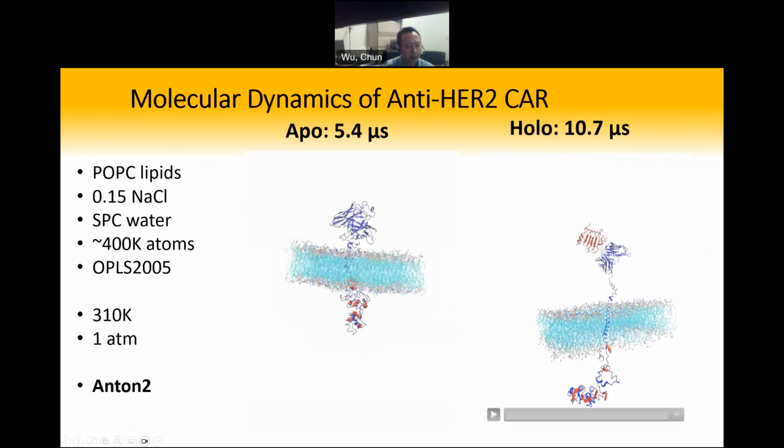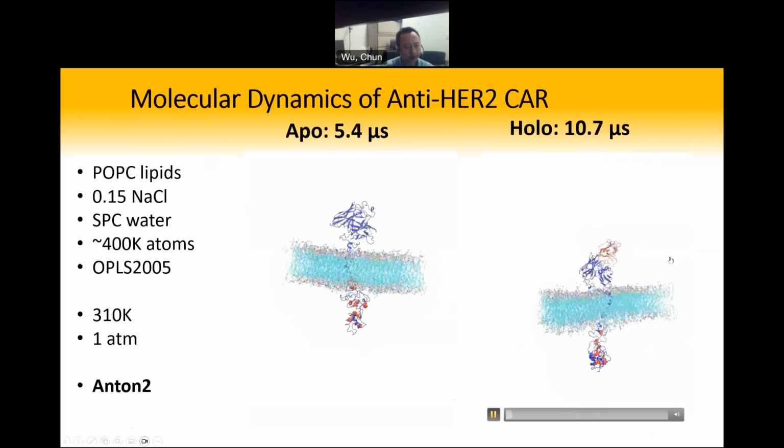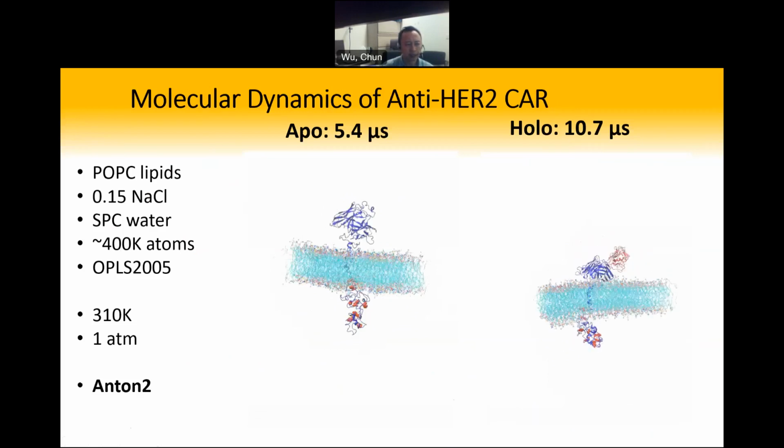Yet the story changes once it's bound to the antigen. Now you clearly see this portion is fixed, and the intracellular part is moving over a large range and searching for its protein partner. We believe this is the signal transduction mechanism.